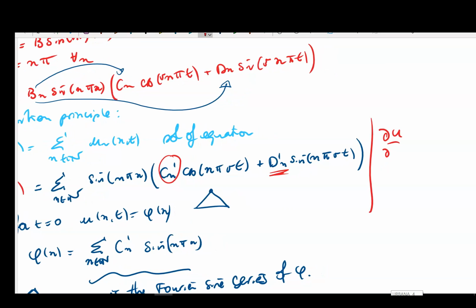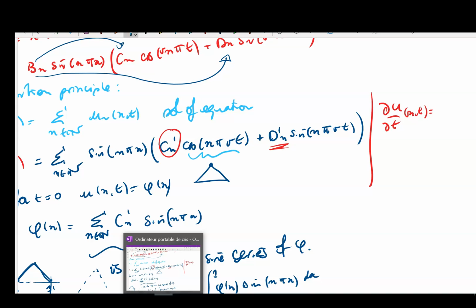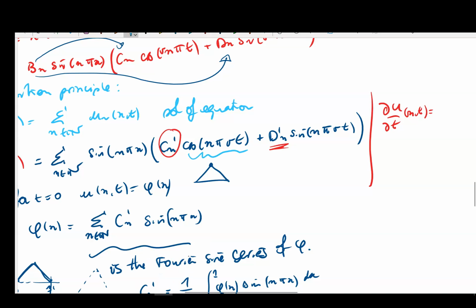So du over dt of x,t is going to be given, and then I take t equal to 0, so that the cosine that I have here, which is going to become a sine when we differentiate that, it's just going to be 0. So I will have just this one left, right?